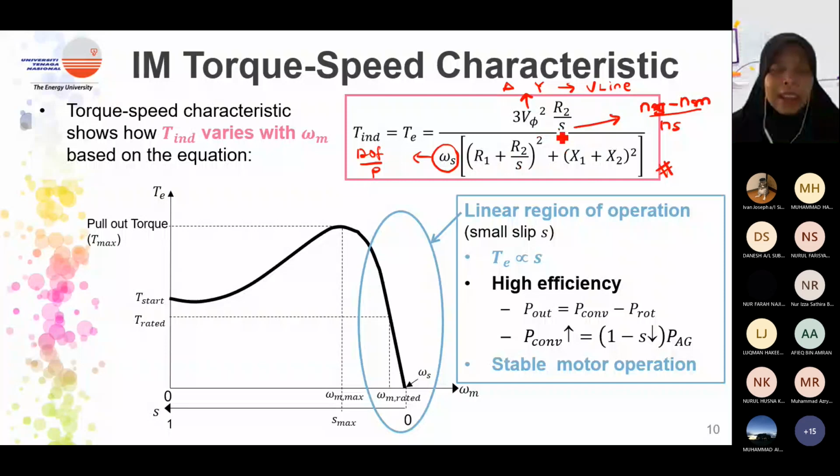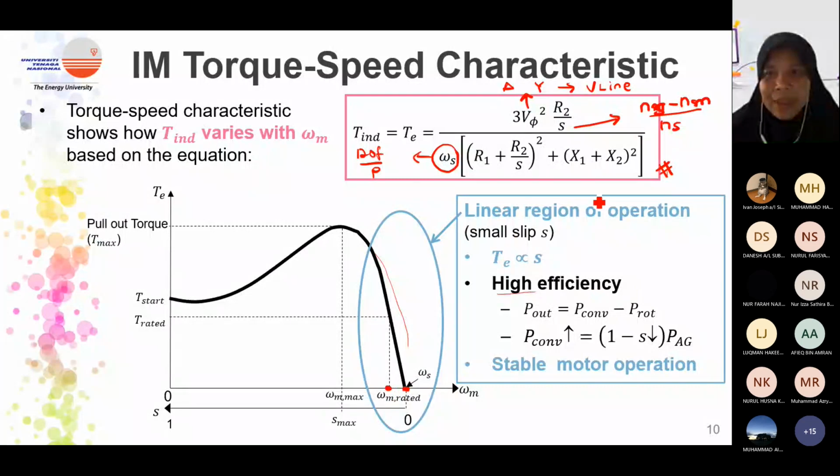In the torque speed characteristic, there are two parts, and one of these is the linear region. This is the linear region operation where you have small slips. What do you mean by small slips? Tengok sini. Kalau you nak calculate slip, the speed of synchronous minus the operation speed, kan. So kalau slip dia lagi kecil, lagi bagus lah. So in this linear region, you have small slip, and in this case you will have high efficiency.